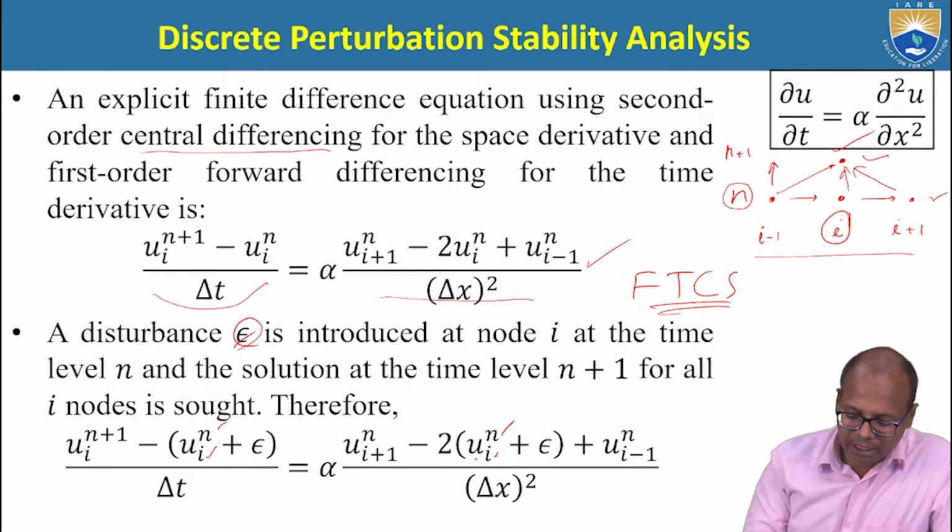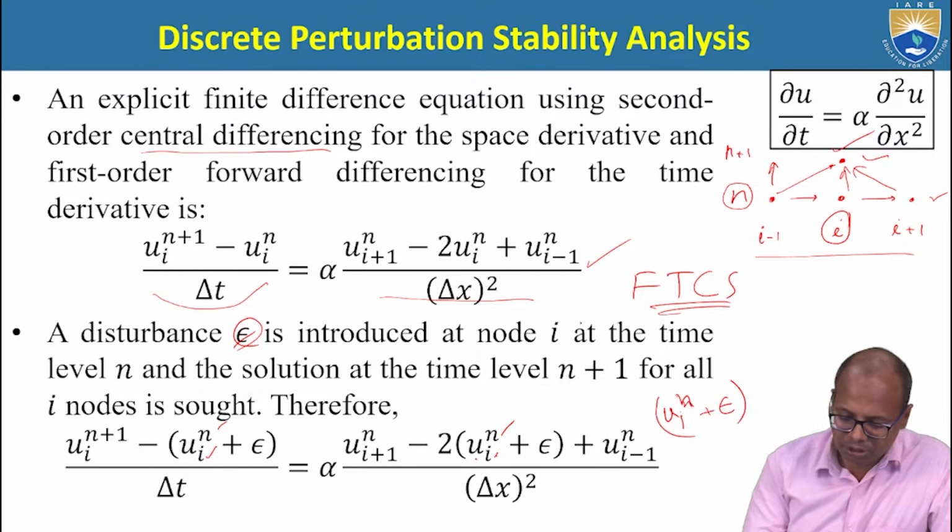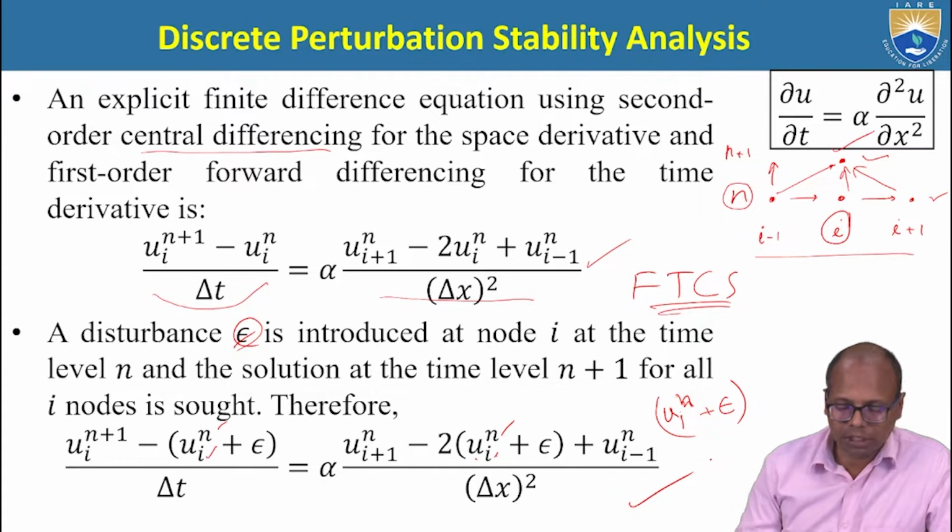So if I add that, what will I get? U i n is the initial one. I am adding the disturbance, so it will become this. I am substituting this value instead of U i n, and I am getting this equation.